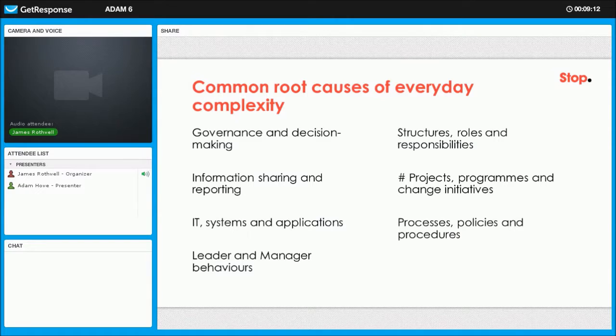So these are the lenses that we would encourage leaders and managers coming on our programs to really look at the complexity through. And again, with the setup up front here, bearing in mind what this toolkit is designed for, this is giving leaders and managers the opportunity to go and really dig for roots of everyday complexity.